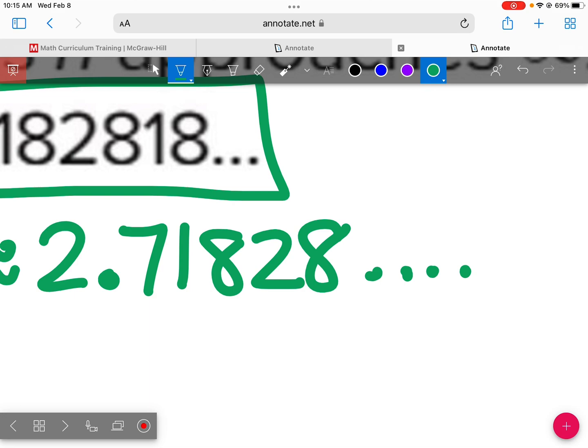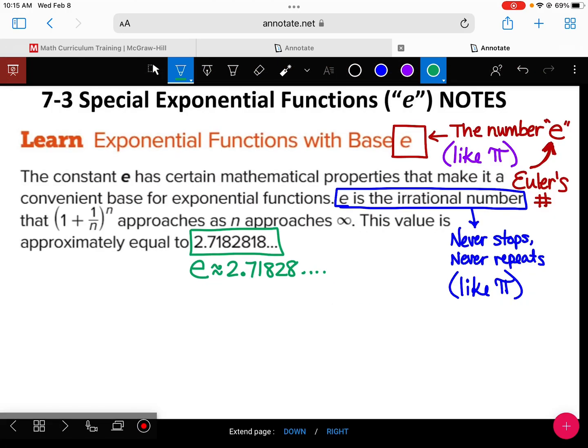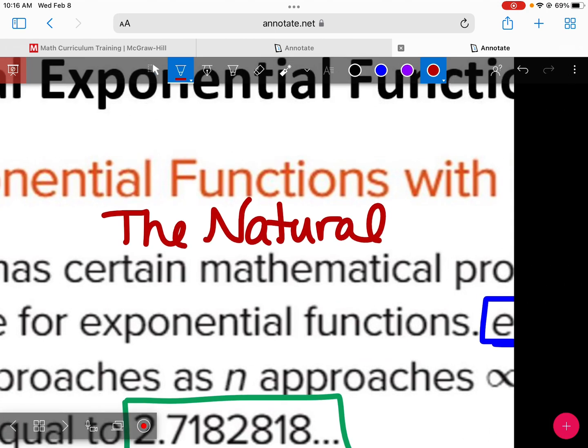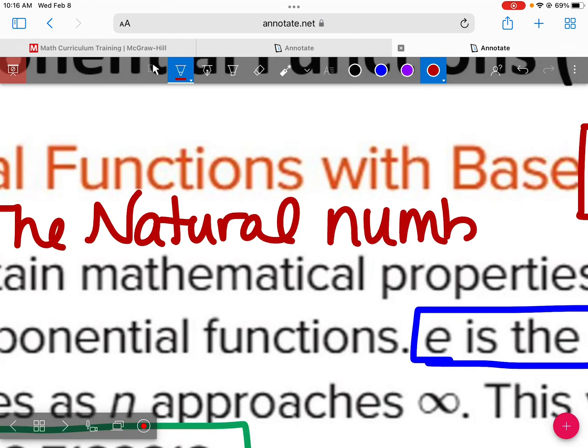I want you to know that it's a number. We can use it as a base. This is actually a really powerful thing. It sometimes gets called the natural number, because we find that when we use this irrational number as a base in exponential functions, it helps to really closely model how populations grow, like when we see bacteria or viruses spread really far.